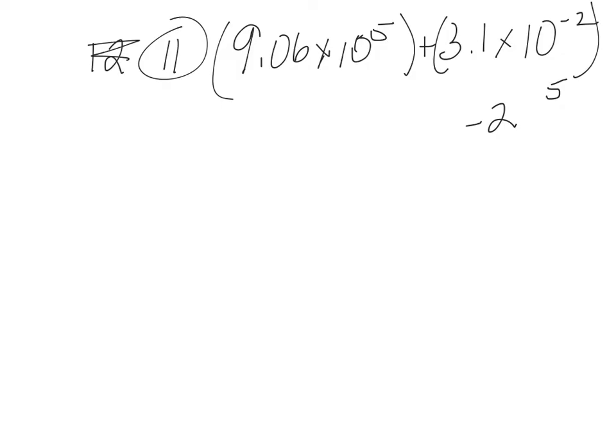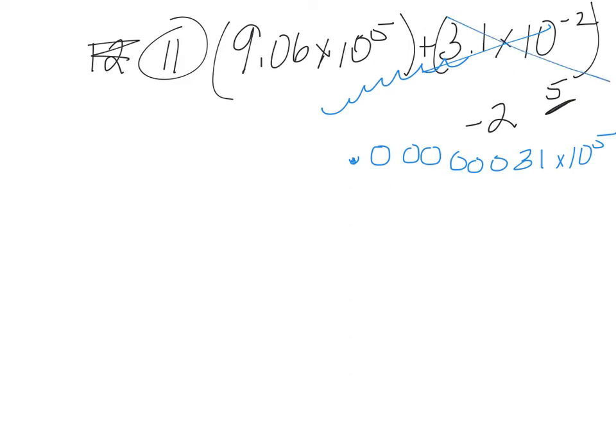We are adding 7 to get 5. So I need to move this back 7 places. 1, 2, 3, 4, 5, 6, 7. So my new number is 1, 2, 3, 4, 5, 6, and 3 and a 1 times 10 to the 5th.